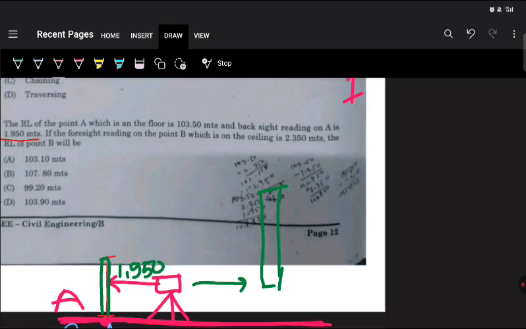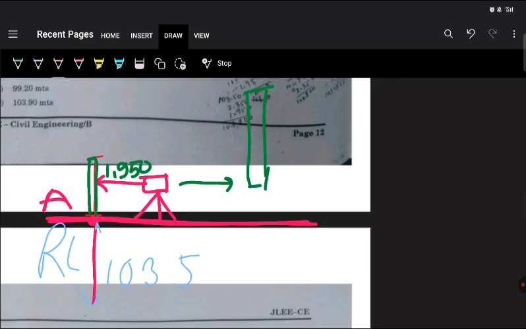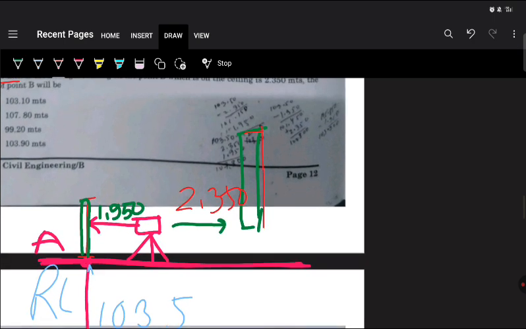If the foresight reading on point B, which is on the ceiling, is 2.350, then in this case the staff is inverted. When we are measuring ceiling height, we invert the staff.